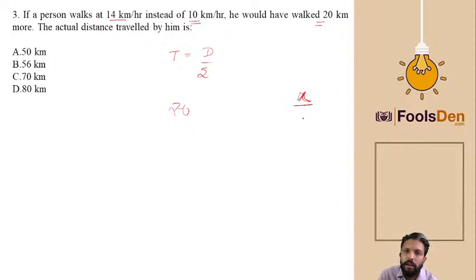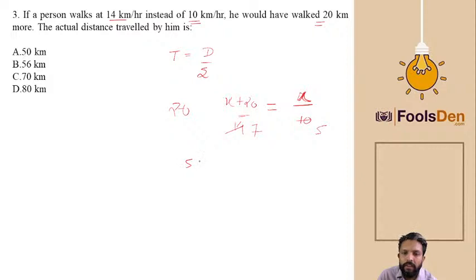Now in the same time it travels 20 kilometers extra. The distance traveled in the second case is x plus 20, and here the speed is 14 because the speed has increased. This is the time taken in the first case, and this is the time taken in the second case. Both the times are equal. Just cross multiply, or cancel it first. 2 goes 7 times, 2 will go 5 times.